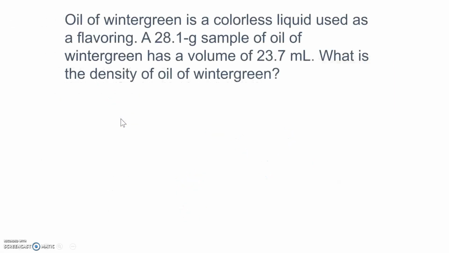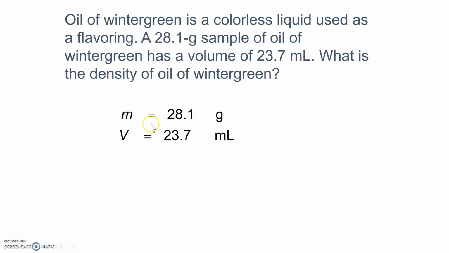So let's look at a couple of examples of density calculations. This first one is asking about the oil of wintergreen, which is a colorless liquid that is used as a flavoring. It's saying a 28.1 gram sample of this oil takes up a volume of 23.7 milliliters. So what is the density of oil of wintergreen?